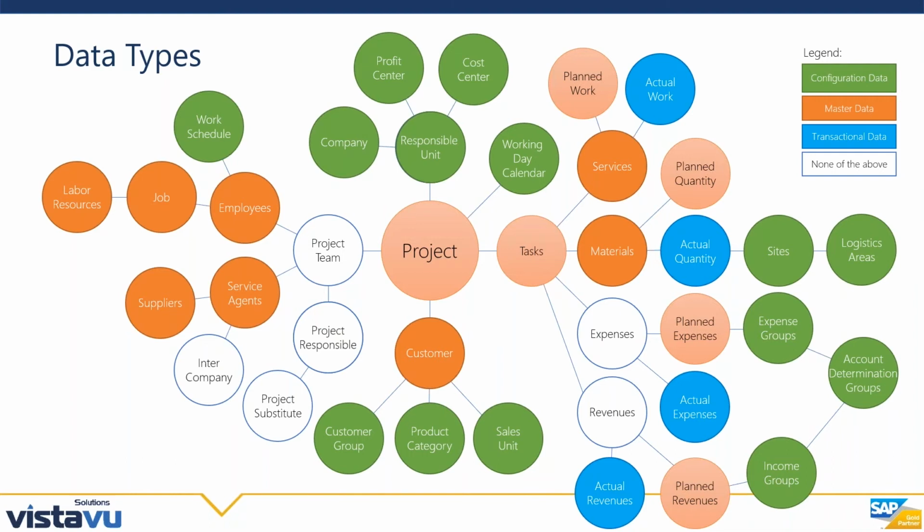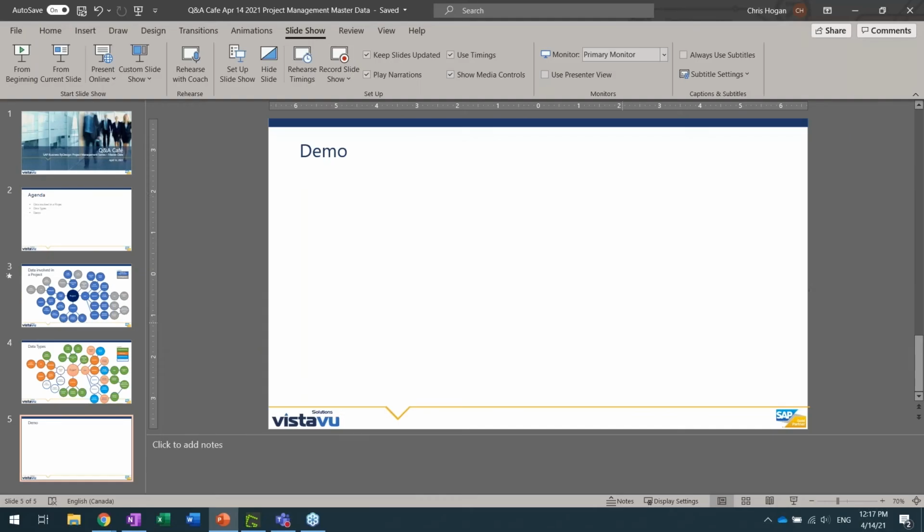And with that understanding, as we go forward in future sessions, hearing more and more about these things, hopefully you'll be familiar with what they are. And when we jump into the system now and take a look at where they live, at least from the perspective of the project screen, you'll see how they come into play. So what we're going to jump into next is exactly that, and take a look at where these things all live on a project.